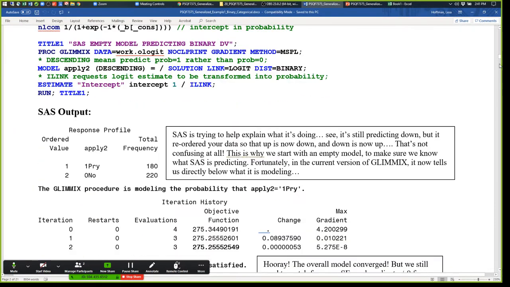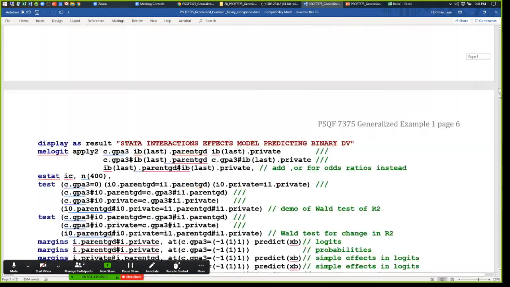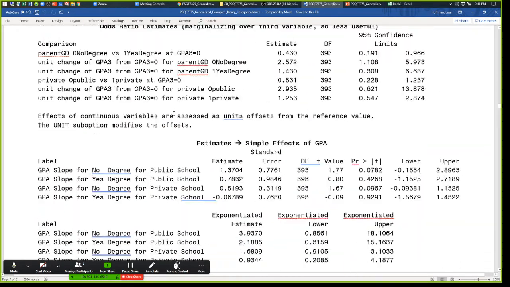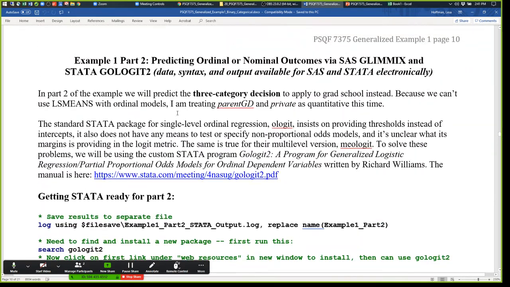Let's go to example 1 still, week 4 of the class. Okay, this is still binary. Binary, binary. This is what we were looking at last time, ordinal. Do you want to go back over ordinal before we jump into nominal, or do you feel good about this?